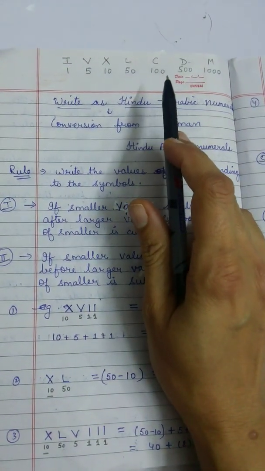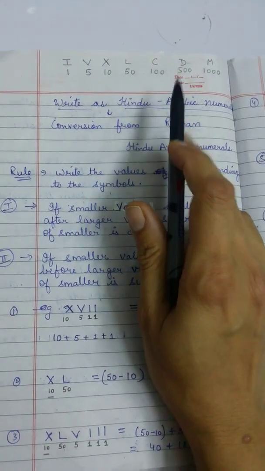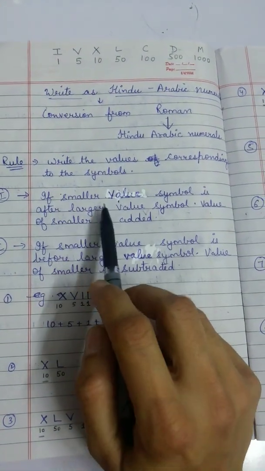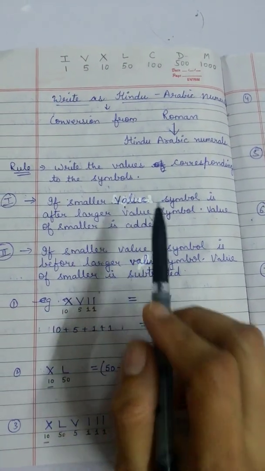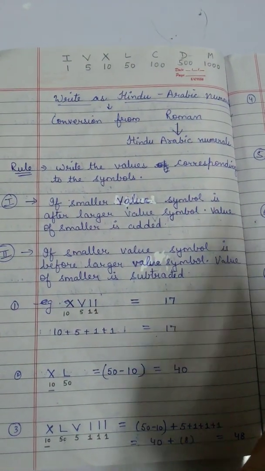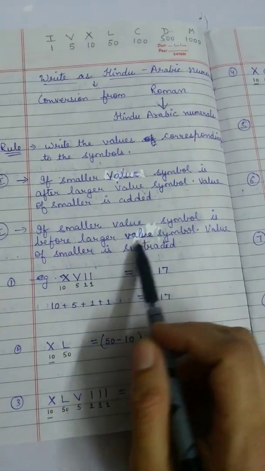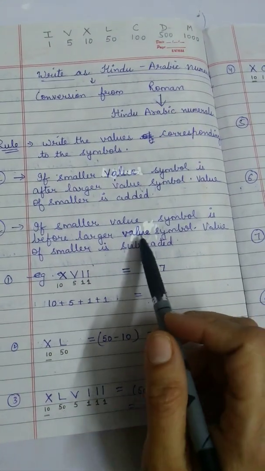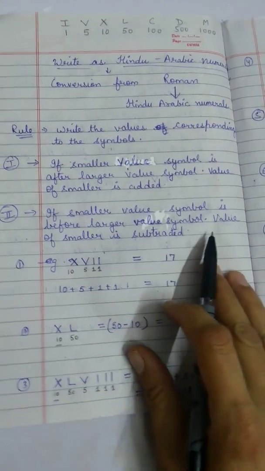Now keeping in mind the rules of forming Roman numerals: if a smaller value symbol is after a larger value symbol, that means on the right side, we will add it, and if a smaller value symbol is before a larger one, that means on the left side, we will subtract it.